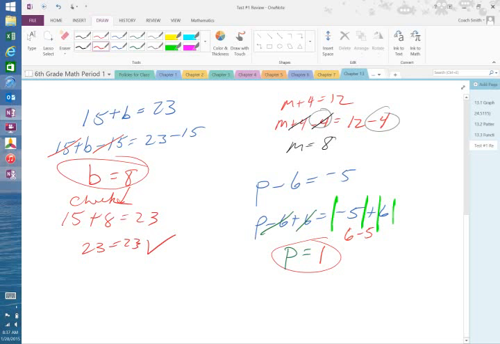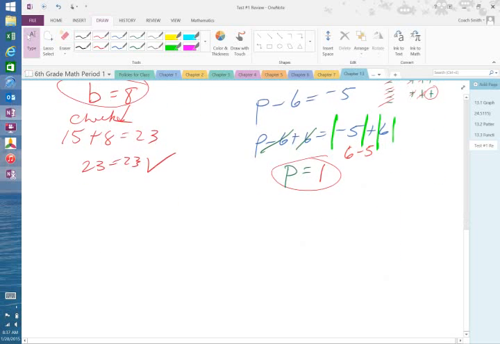The other way you can do it: if I've got 5 negative signs and 6 positive signs, the positives and negatives cancel each other out, leaving me with 1 positive sign. So I have 1. That's why we do that.